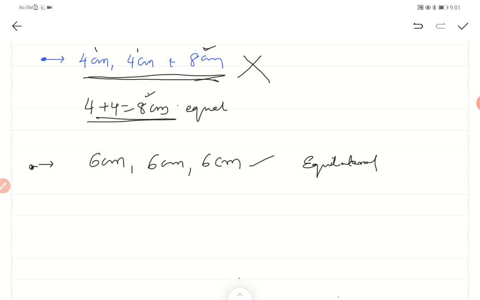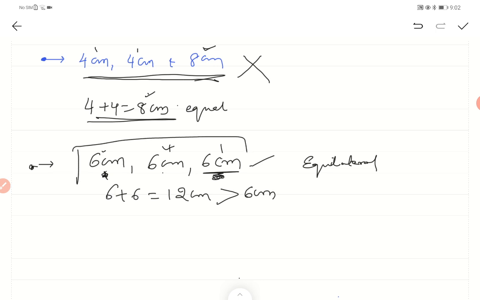To check the relationship of the sides: 6 plus 6 gives 12 centimeter, which is greater than the third side, 6 centimeter. Similarly, for the other two pairs of sides you get 12, which is greater than 6. So using these measurements you can construct a triangle, and it will be an equilateral triangle.